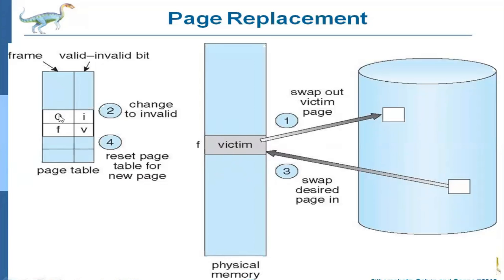And here that invalid bit is automatically changed to valid. Then what happens again? Reset the page table for the new page. So this is the basic page replacement algorithm.